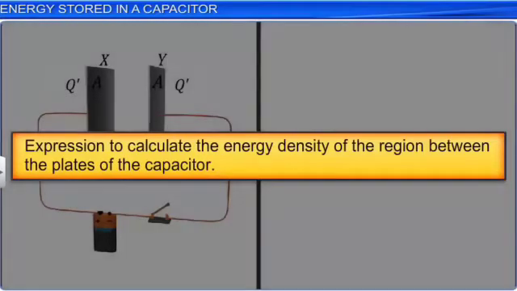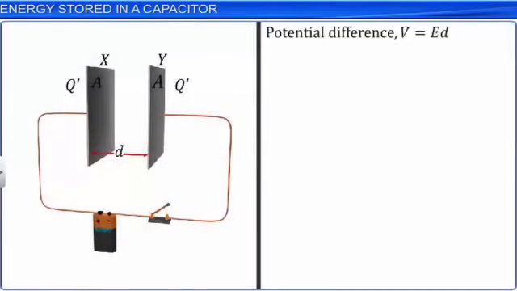The electric field strength E between the plates of the capacitor is equal to V by d, assuming a uniform electric field between the plates. Let this be equation 4. The electric field fills the region between the plates, and this region has a volume equal to area A into distance d. The energy density is defined as energy stored per unit volume.